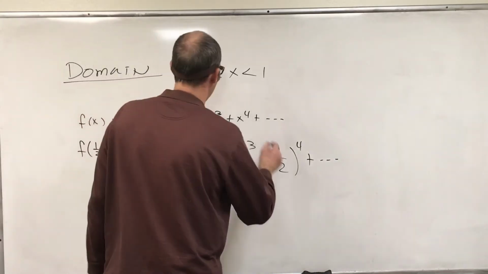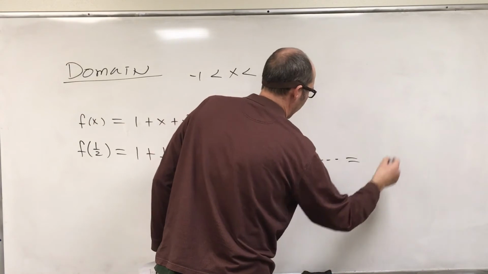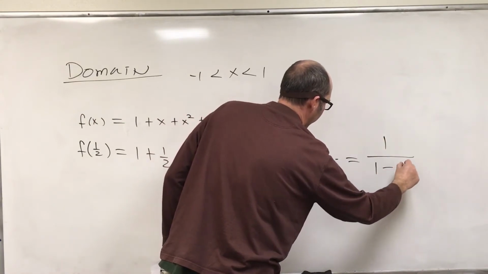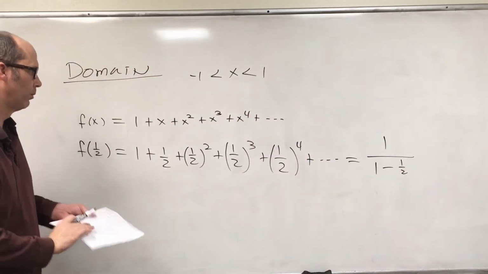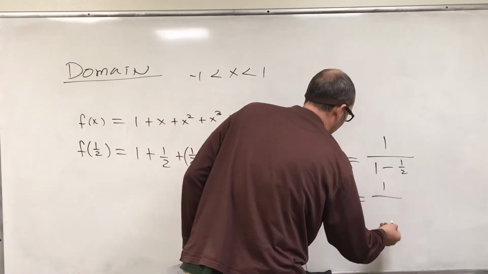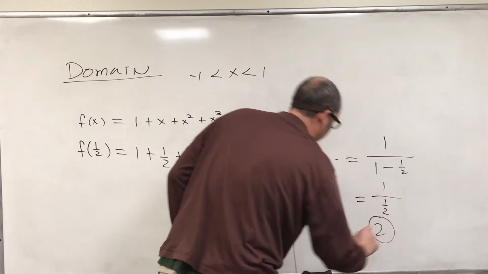Now, because 1/2 is between -1 and 1, we know that this converges to 1 over 1 minus a half. 1 over 1 minus a half, let's see, that's 1 over a half, which is equal to 2.